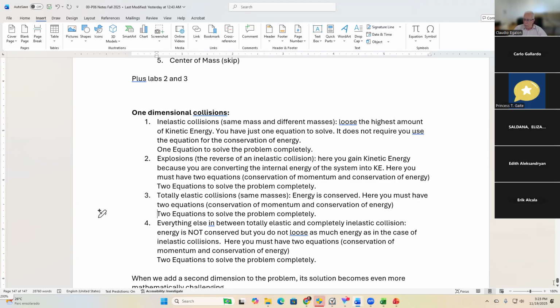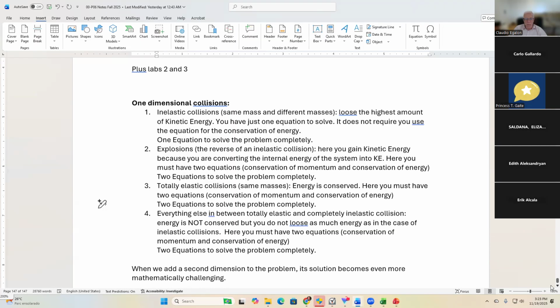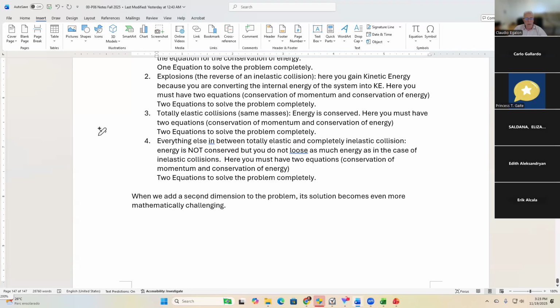And now we're going to do something even more difficult, we are going to consider a second dimension. When we consider a second dimension, we add another equation to the whole system of equations. Okay? And let me do an example on 2D inelastic collision.